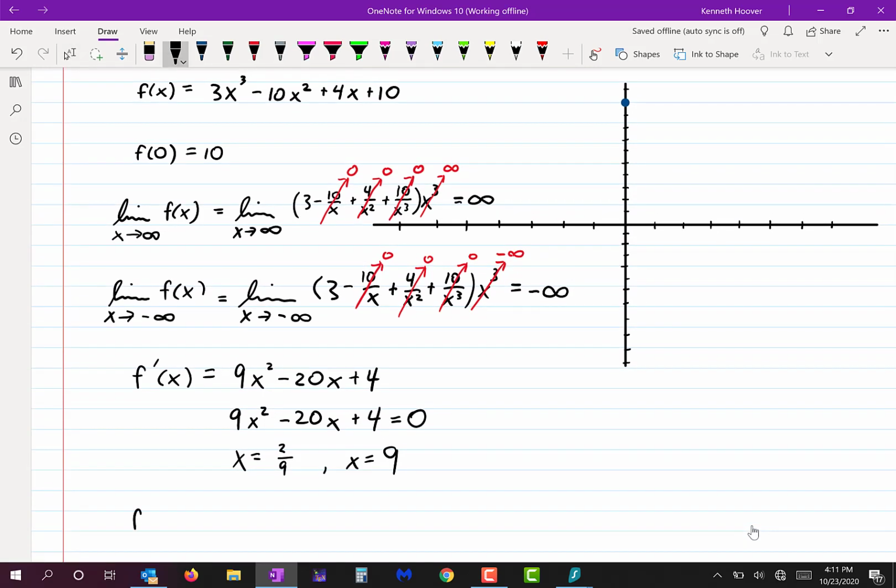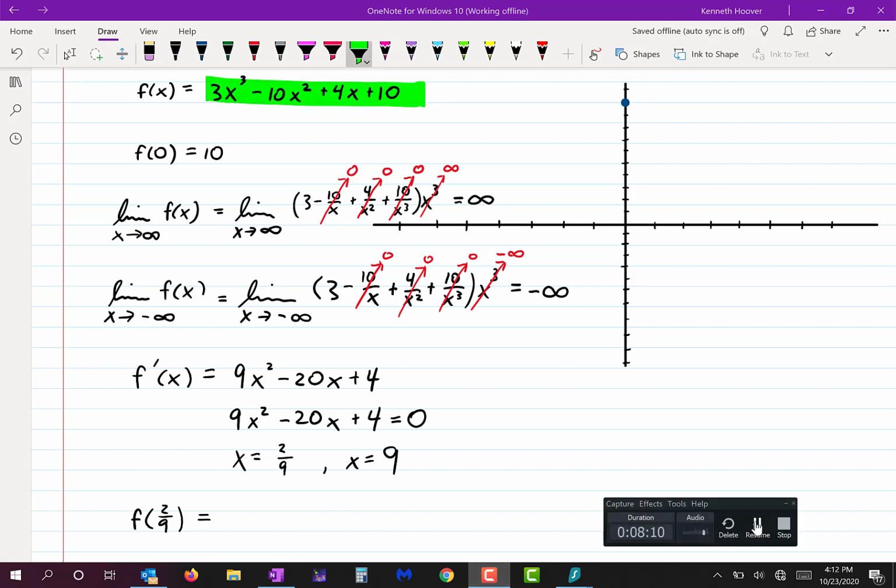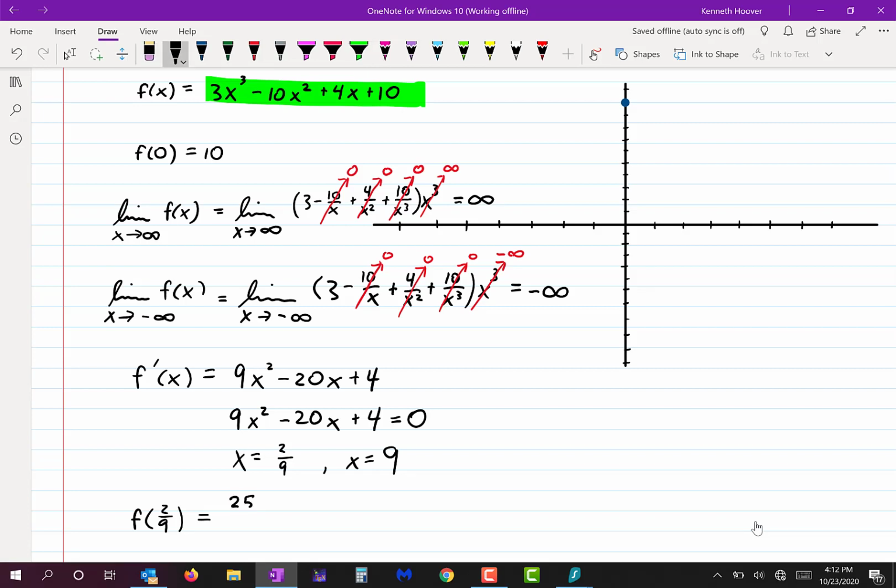Okay, so then we do f of 2/9 equals, and this is just arithmetic, just plug the number 2/9 into that and work it out. It equals 25/34 over 243.